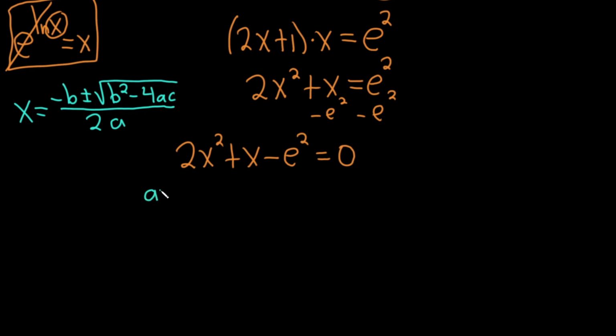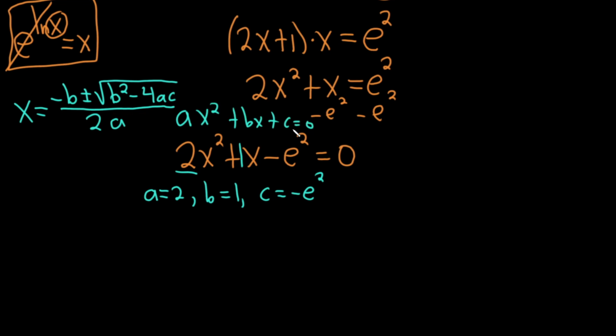So here a is going to be 2. That's this one here. B is the number in front of the x, so b is 1. And c is what's left over. It's right here. The general form of a quadratic equation is this, by the way: ax squared plus bx plus c equals 0. So we're basically just using matching. So a is 2, b is 1, and c is negative e squared. Okay, let's go ahead and plug everything in.